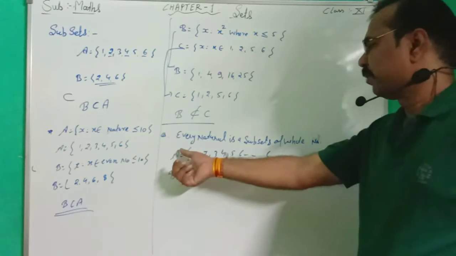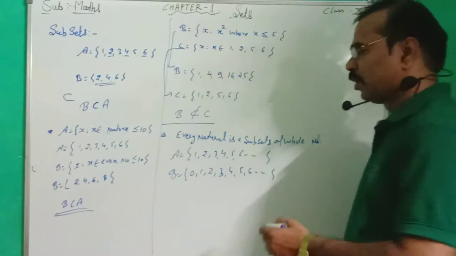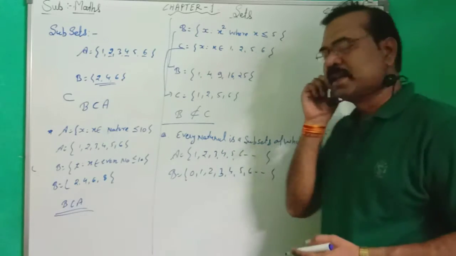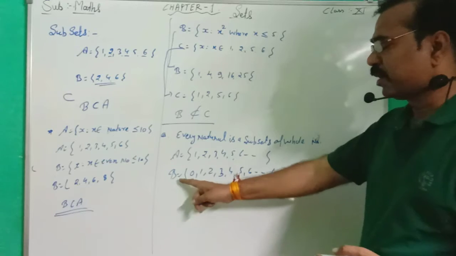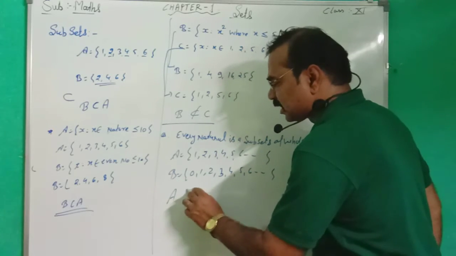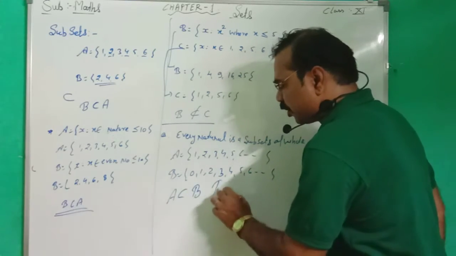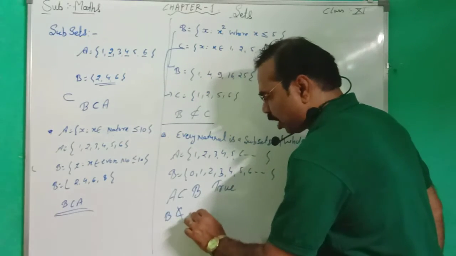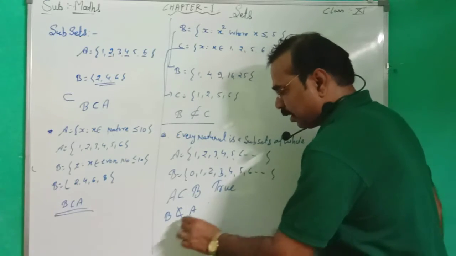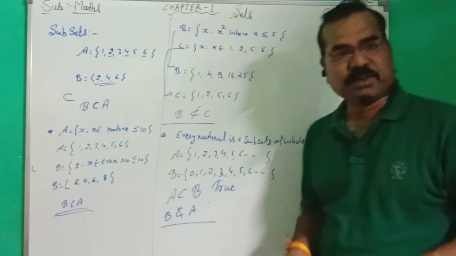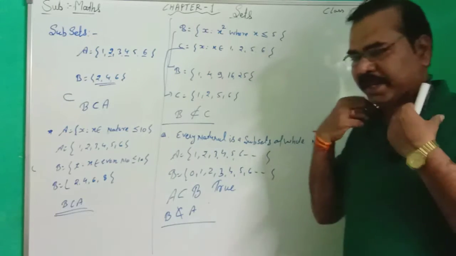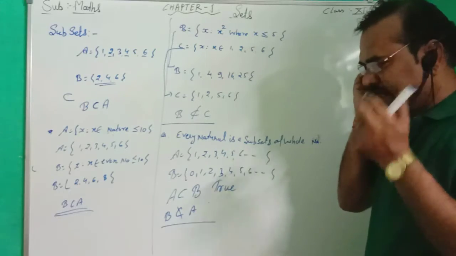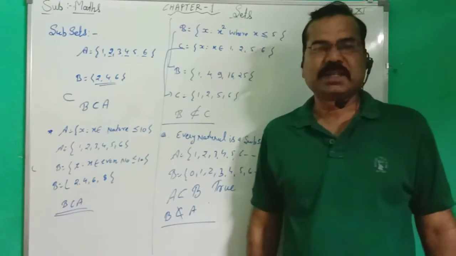So every natural number is a subset of B. Yes. Why? Because natural numbers start from 1 and whole numbers start from 0. So we can say A is a subset of B. That is true. But B is not a subset of A. That is correct. That means B will not be a subset of A, but A will be a subset of B. Okay, students, that is the basic idea.